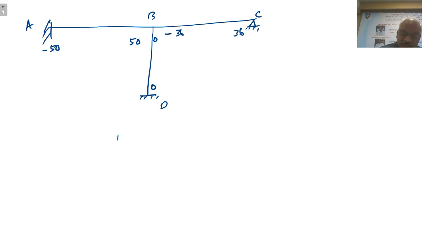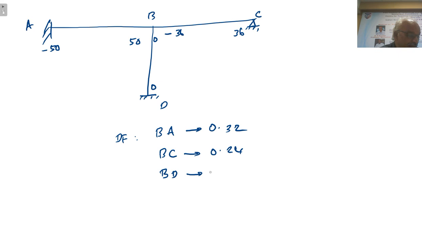So coming to distribution factor, there is only one joint that requires distribution, BA, BC and BD. For BA, let us say the distribution factor is 0.32. For BC, the distribution factor is 0.24, and for BD, the distribution factor is 0.44.